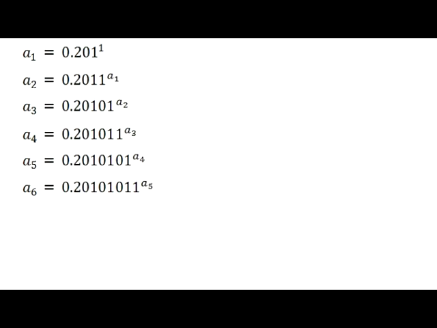Let's now compare A1 and A3. We see that the base in A3 is greater than in A1, while the exponent A2 is less than 1. So A3 is greater than A1. Let us use this fact for comparison between A2 and A4.